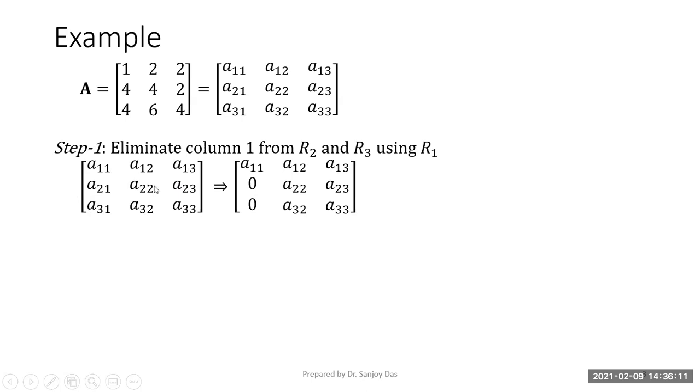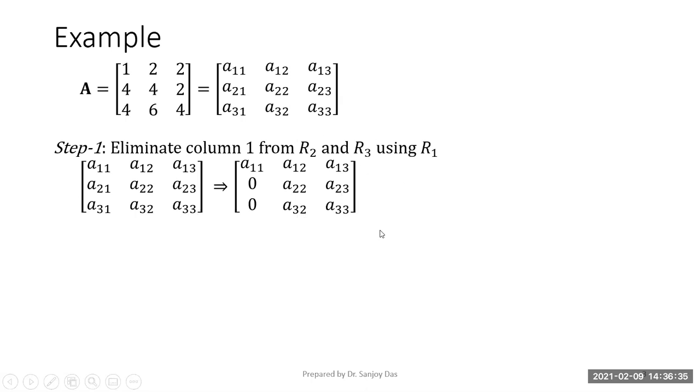Now, don't be confused. All these other scalars, A22, A23, and A33, these also will change. So these and these are not the same. This A32, for instance, is not the same as this A32 here, after we've done these row operations.